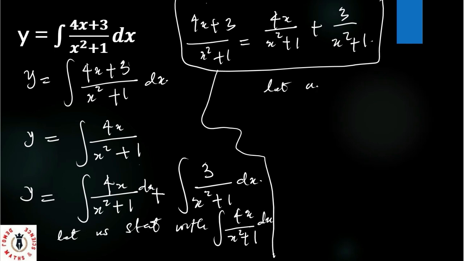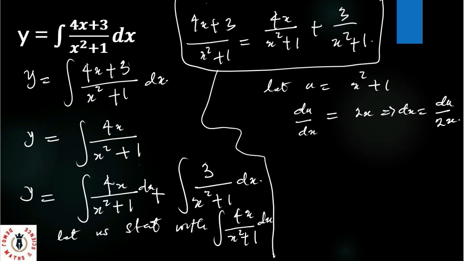I want to say let u equals x squared plus 1, so that du/dx will equal 2x. Invariably, dx will be the same thing as du over 2x.